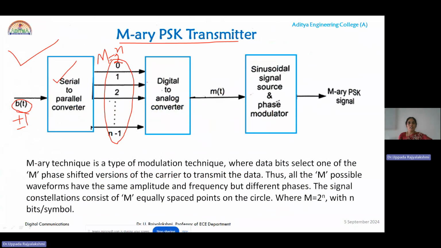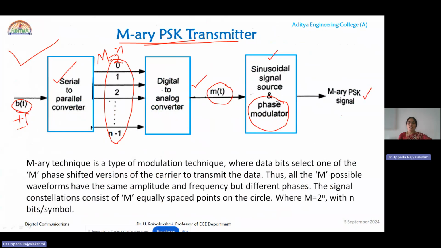That data is converted into analog format. Let us suppose the analog version of the digital n-bit group data is m(t), and this m(t) is now applied to a phase modulator. For example, if it is FSK, you would apply this to a frequency modulator. Because this is M-ary PSK, a phase modulator is used here.